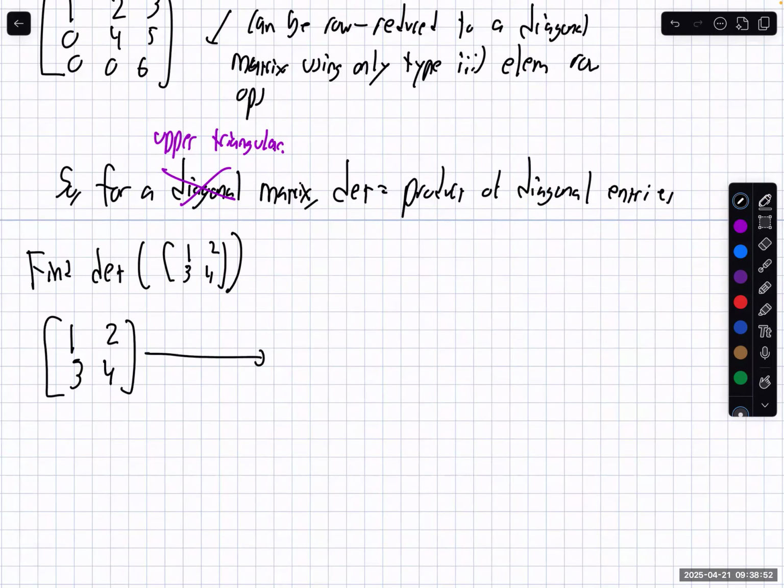Okay, we already know the answer from the shortcut rule. In your head, what's it going to be? The AD minus BC. Yeah, 4 minus 6. So we know the answer is going to be -2. Let me show you how to get that with the elementary row operations. So I'm going to replace row 2 by -3 times row 1 plus row 2.